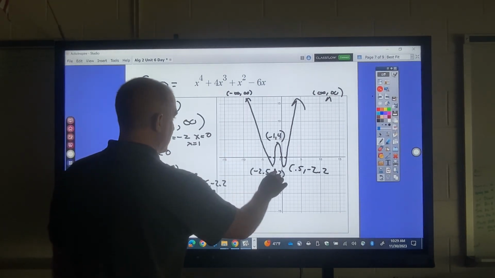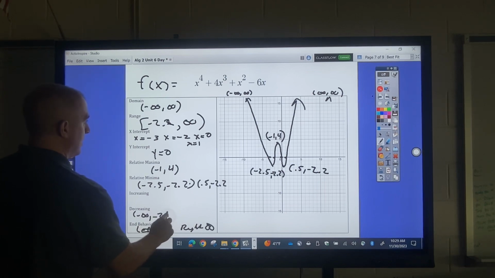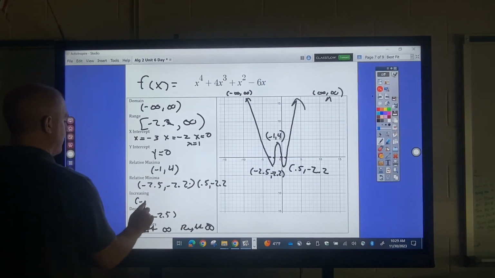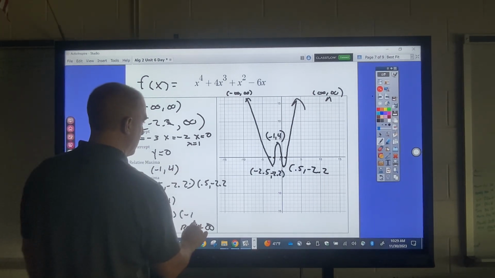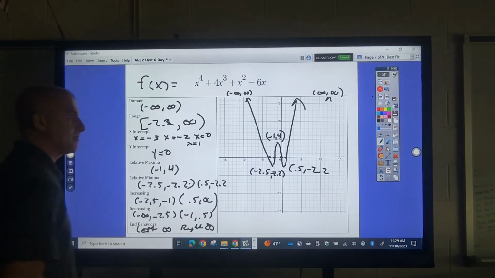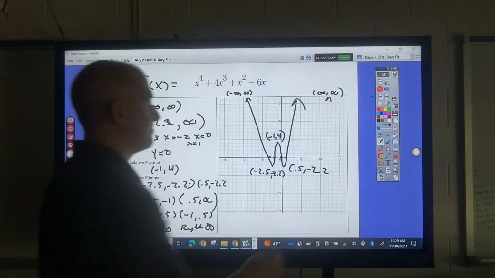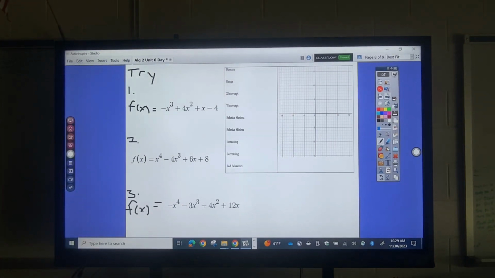All right, this would decrease from negative infinity to negative 2.5, then rise from negative 2.5 to negative 1. Then it would drop again from negative 1 to 0.5, and then rise again from 0.5 to infinity. Okay, so that's how you do those. All right, and then here are some, these three, I would like you guys to try on your own.